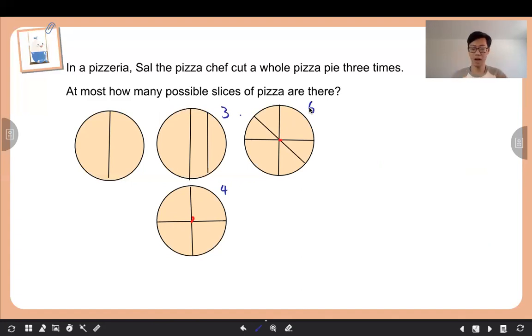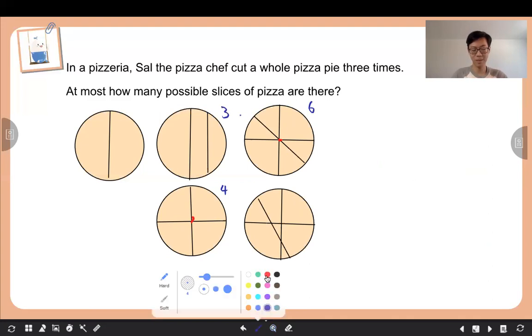Right. Let me show you how I do this. Well, that's not hard. The first cut, the second cut, still the same. But for the third cut, I'm going to move it down a little bit. That is like this, right? And how many intersections do we have here? Let's see, 1, 2, 3.